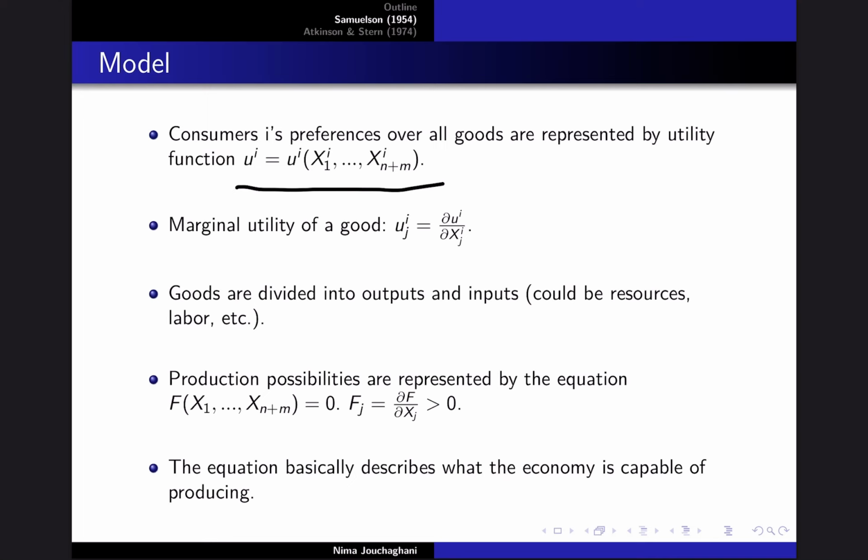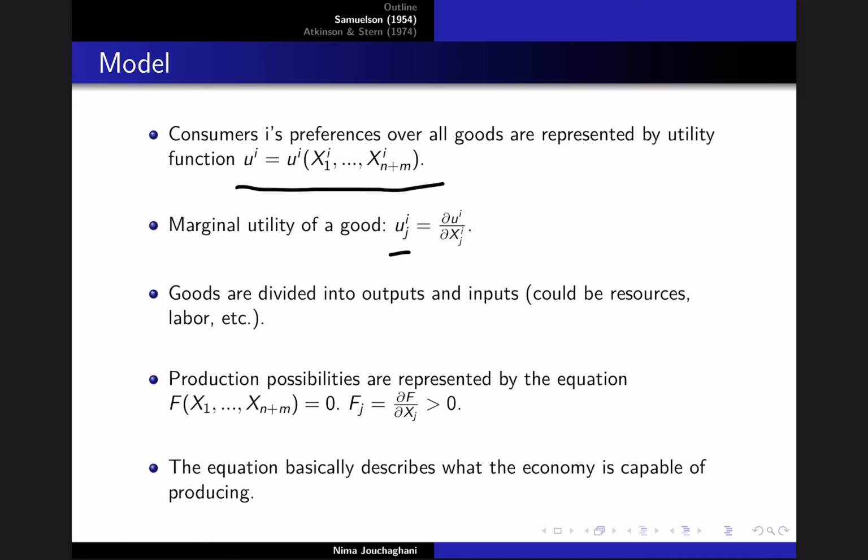And sometimes we care about the marginal utility of a good, and this will be denoted by U_J^I. So this is the marginal utility of good J for consumer I.